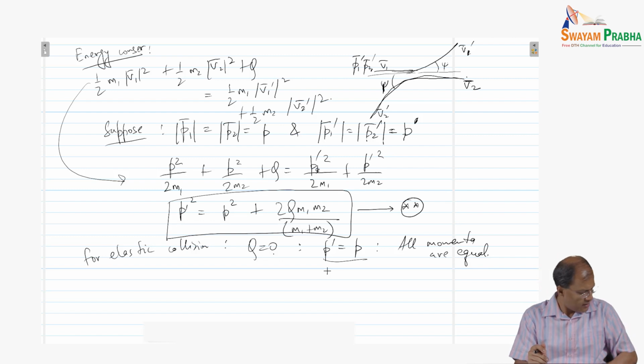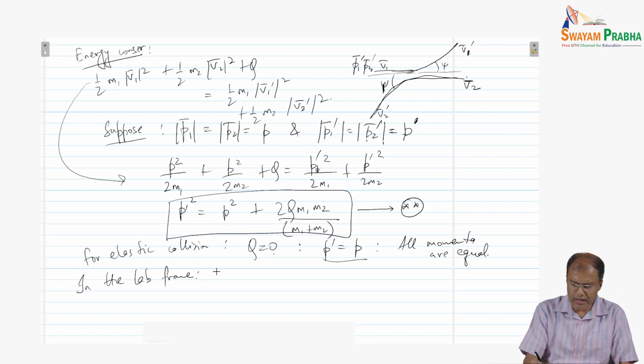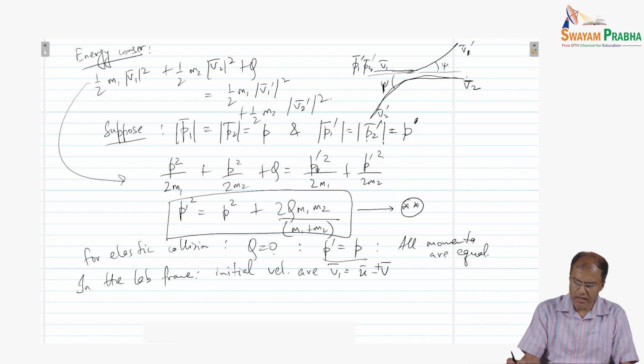We see that in the lab frame, the initial velocities are v1, which is u minus v, and v2, which is minus v, right?